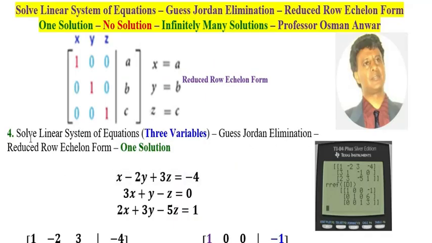Number 4 is solve linear system of equations, 3 variable, Gauss-Jordan Elimination, Reduced Row Echelon Form, and this is one solution. And the system of equations are x minus 2y plus 3z equals minus 4, 3x plus y minus z equals 0, 2x plus 3y minus 5z equals 1.